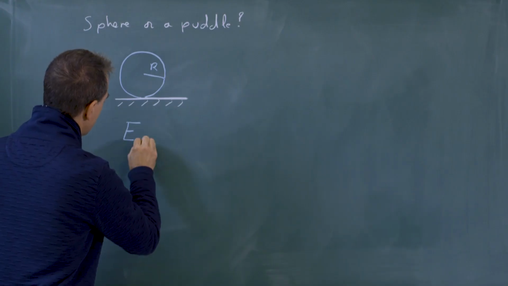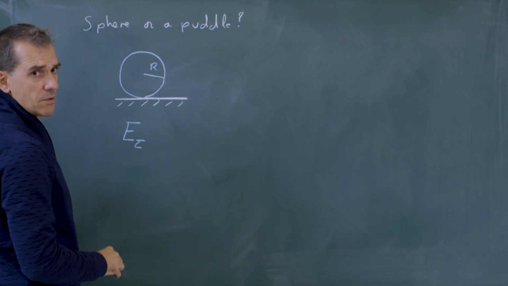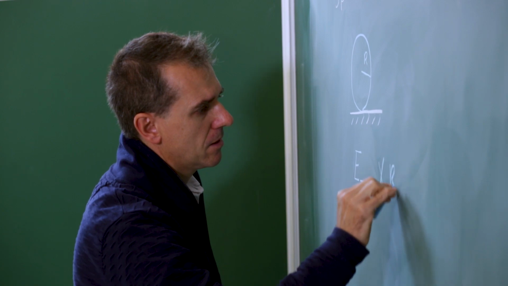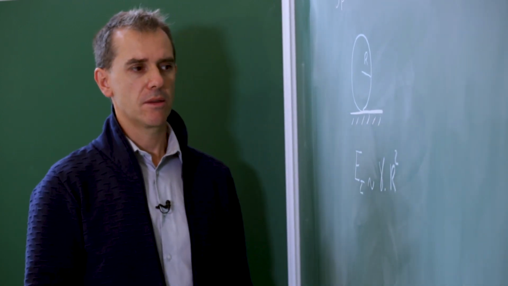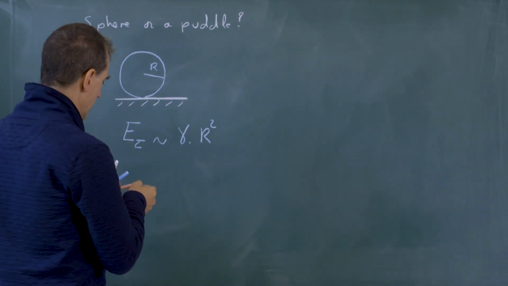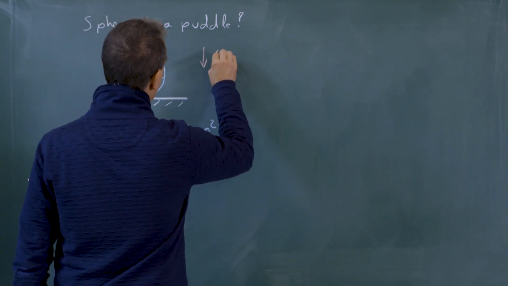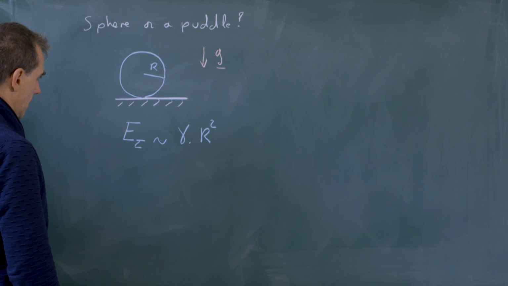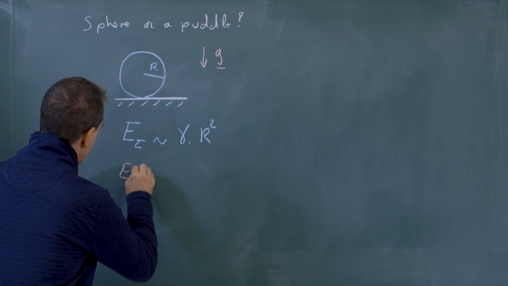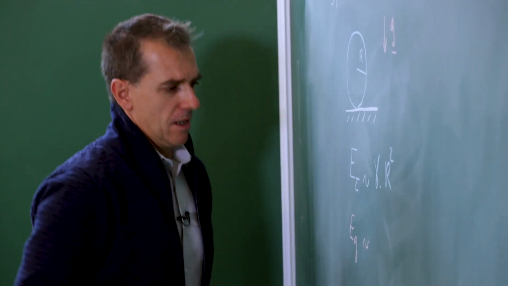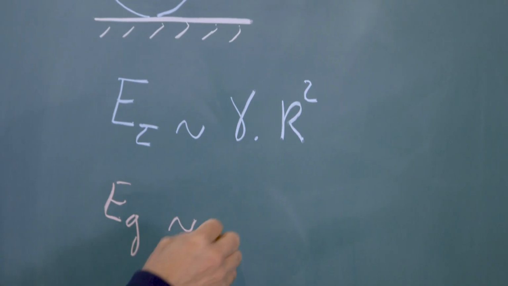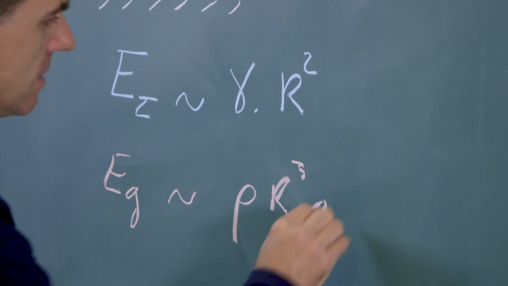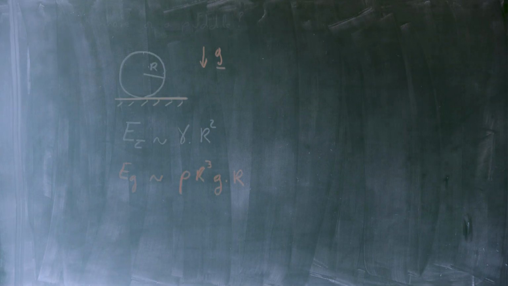So we have first a surface energy, which goes like surface tension times R squared, so the surface of the drop. And the second type of energy is related to the fact that the drop is under the action of gravity, so we call it Eg, which scales like the mass of the drop, so rho R cubed, times gravity, times the size of the drop.